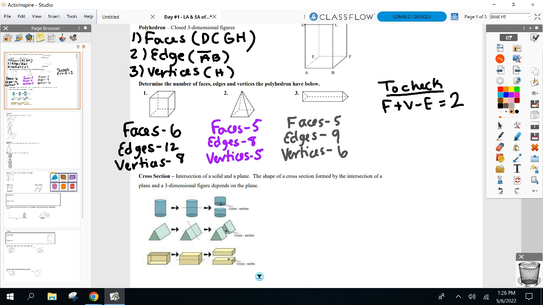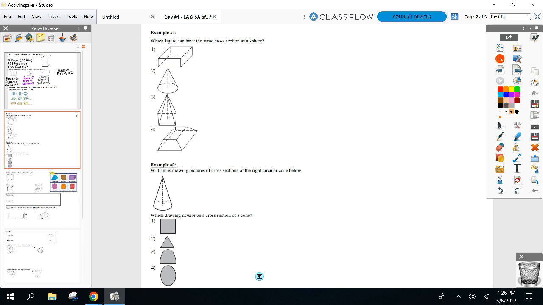All right. Now I'm going to start calling on some numbers. Which one of these 4 has the same cross section as a sphere? Well, everyone think of a sphere and cutting it.